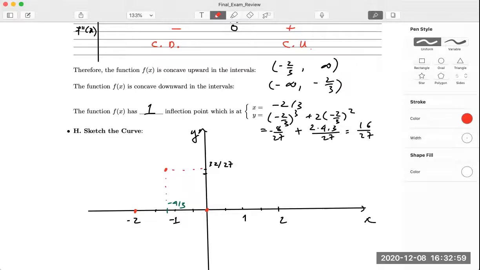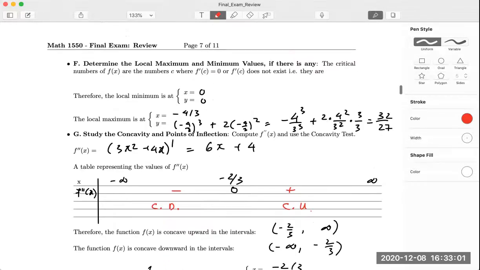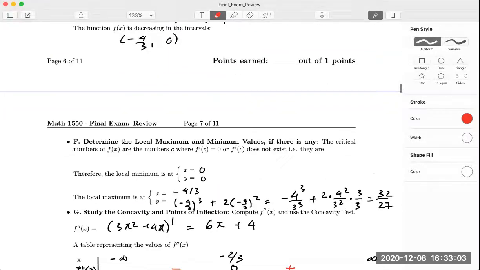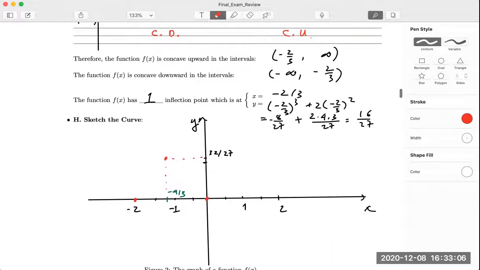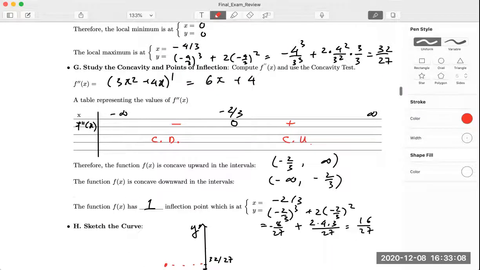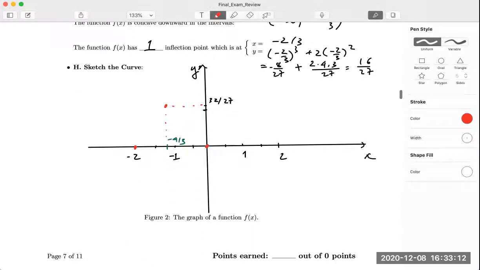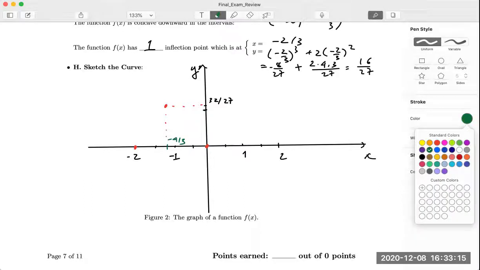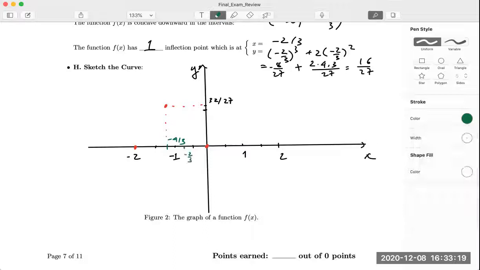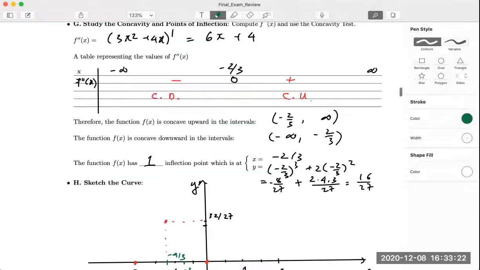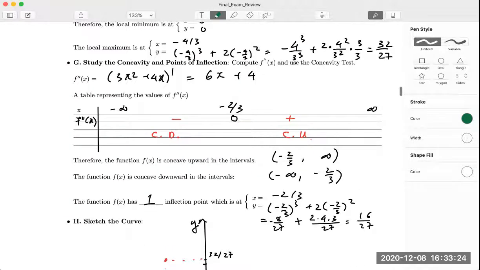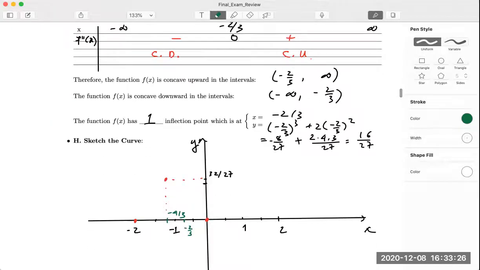And the minimum point will be at 0, 0. This point, easy. Inflection point at negative 2/3. Negative 2/3 will be somewhere around here. At that point, y will be 16/27, which is around 0.6.